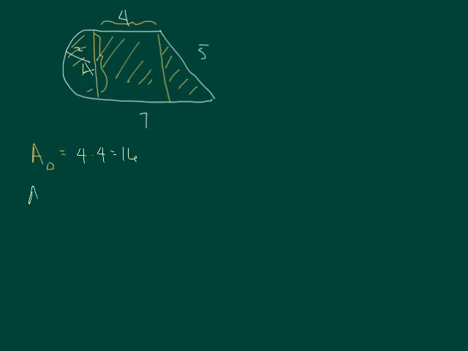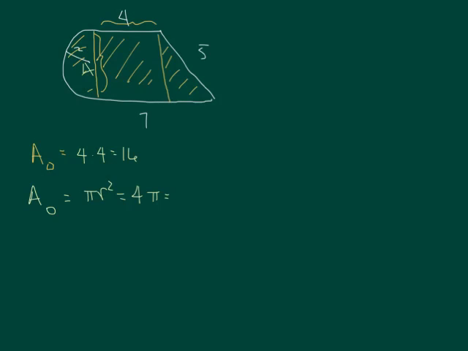Now the area of the circle is going to be pi r squared, and I know my radius squared is 4, so it's 4 pi, which would be 4 times 3.14, and that would give us the area of that circle.